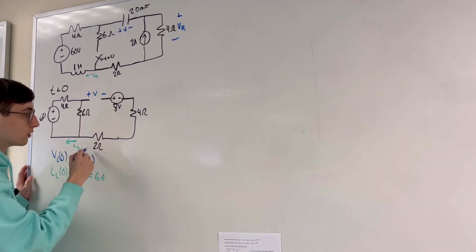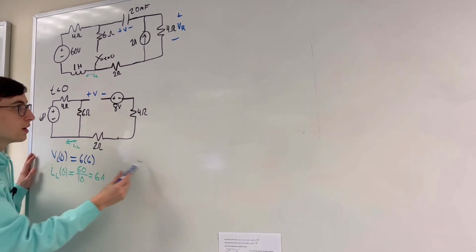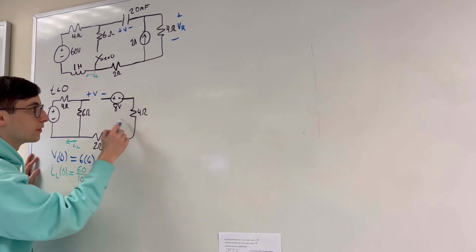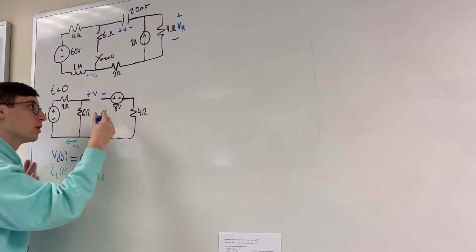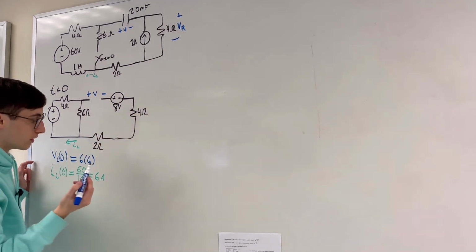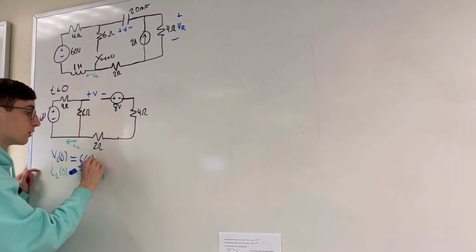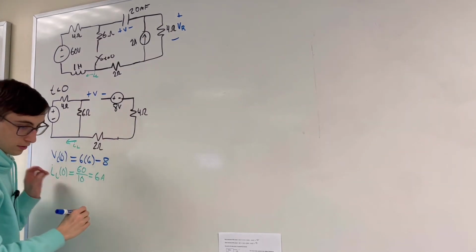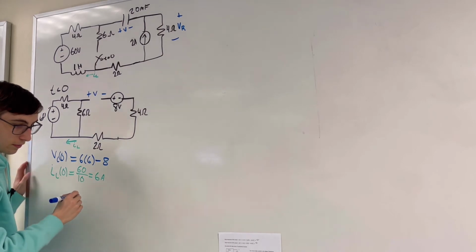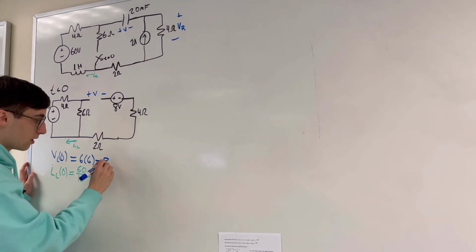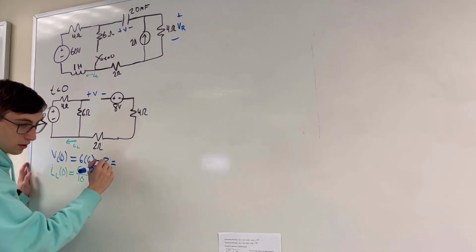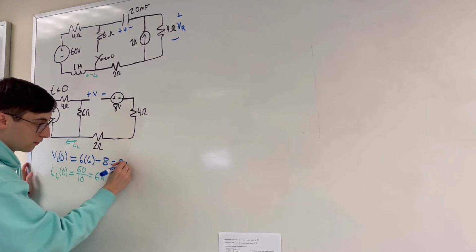There's no voltage across this resistor because there's no current over here. Same with this resistor over here. But we have this voltage source, and in active sign convention we're going to the negative terminal, so we just do -8. So this is just going to be 28 volts.